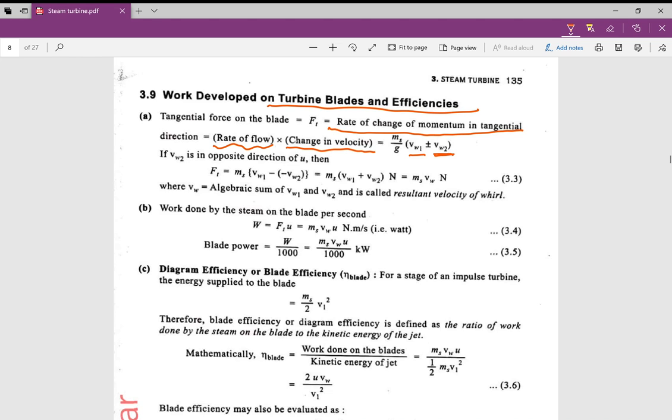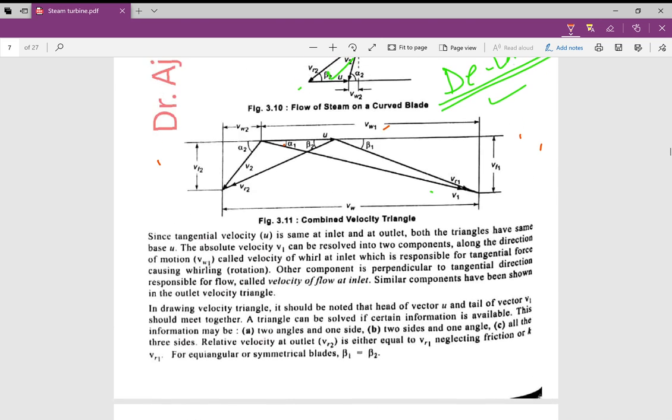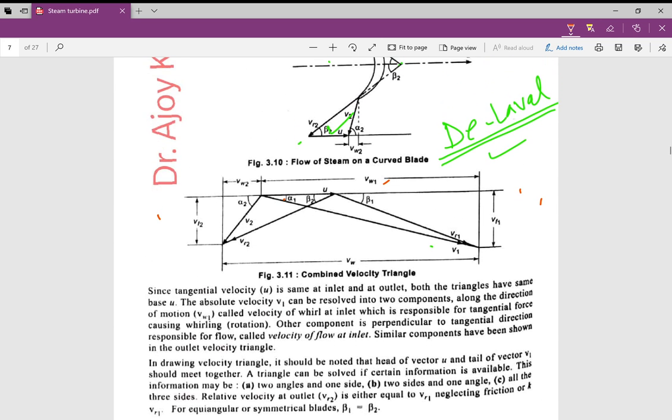right? If Vw2 is in the opposite direction of u, because here you see, you will always get a change. This Vw1, that is V1 cos alpha 1, is from here to here in this direction, whereas this Vw2, from here to here, is in the opposite direction.